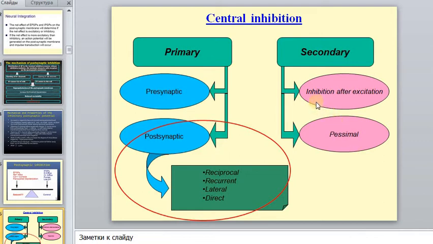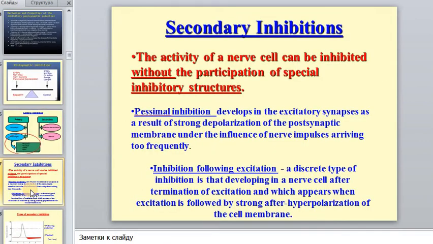Inhibition following excitation is a type of inhibition developing in nerve cells after termination of excitation, and which appears when excitation is followed by strong after-hyperpolarization of the cell membrane. And here is this secondary inhibition.